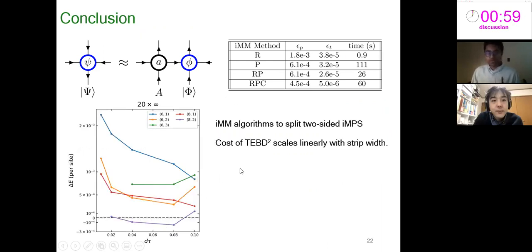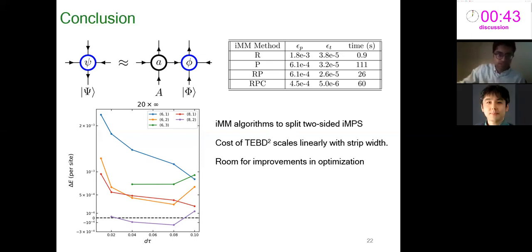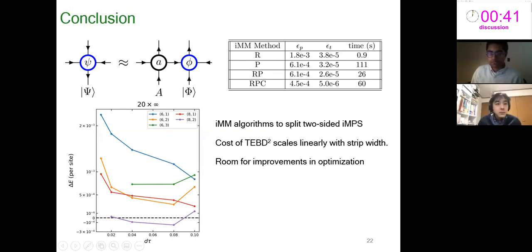We've also noted that by this TEBD squared algorithm, we have an optimization algorithm that scales linearly with the strip width, which is very exciting as we get to larger and larger strips. But we note that there is room for improvement in optimization, and this is the subject of future work. With that, I want to thank you and take any questions I can in the small amount of time left.